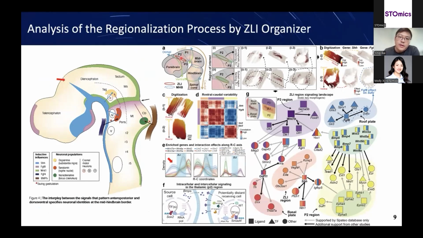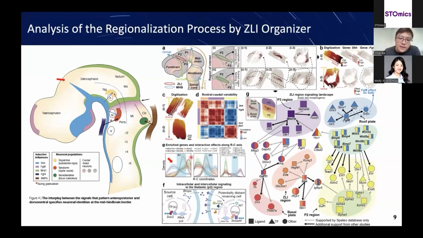It separates the P2 region and the P3 region of the diencephalon. And later on, the P3 region will develop into the pre-thalamus, and the P2 region will develop into the thalamus. So we are quite curious which signalings will be inhibited by this physical boundary.